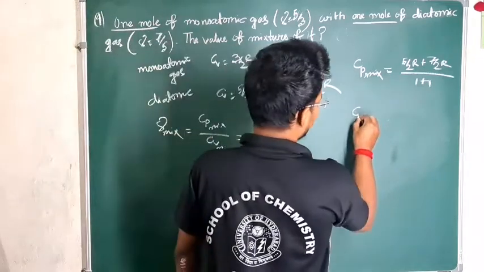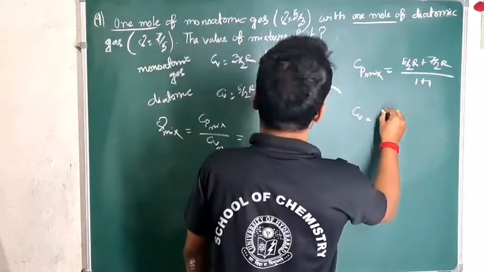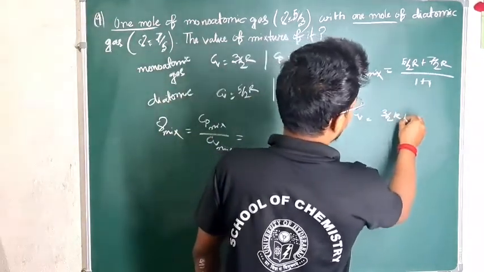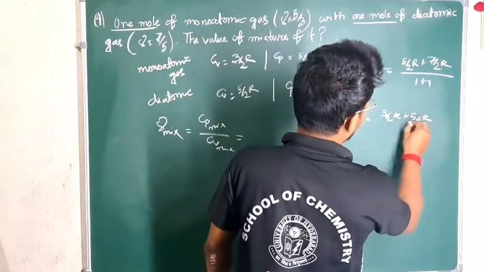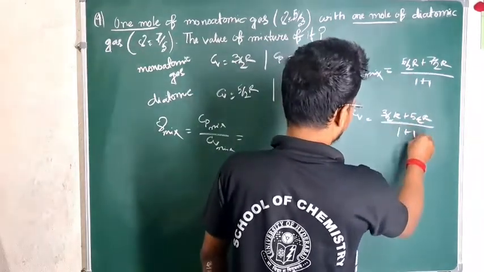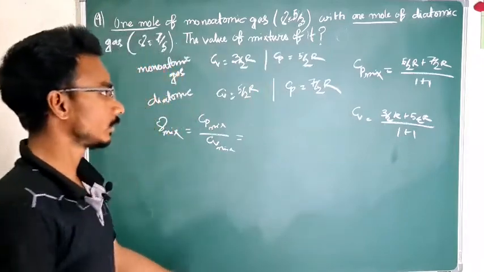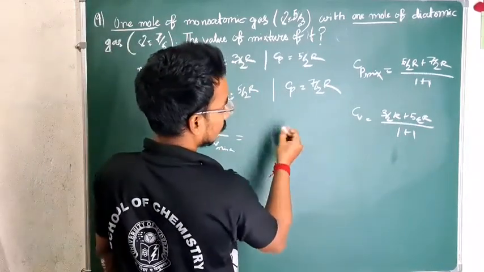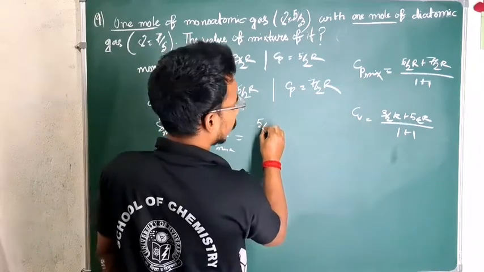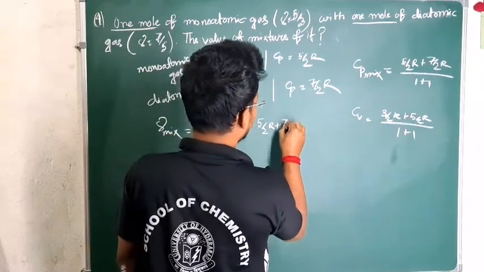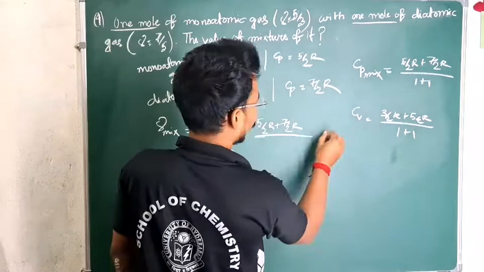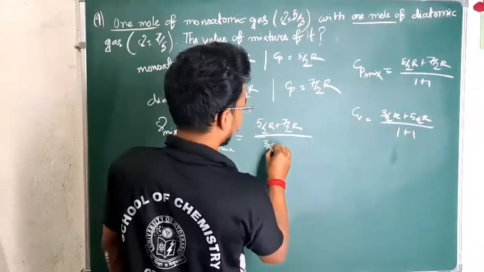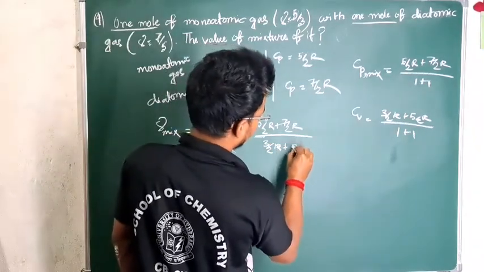Same, Cv mix is 3/2R plus 5/2R by 1 plus 1. Divide it. So 5/2R plus 7/2R, the 2 cancels, over 3/2R plus 5/2R.